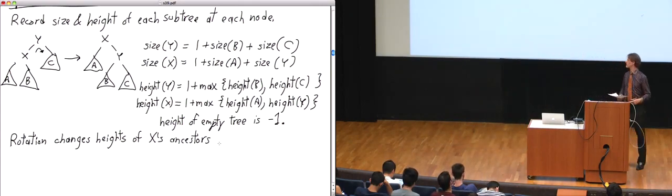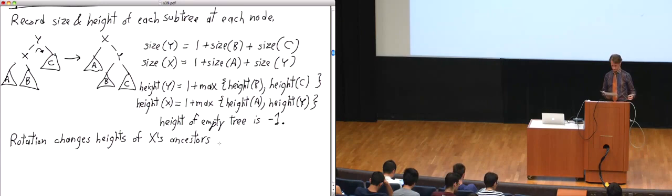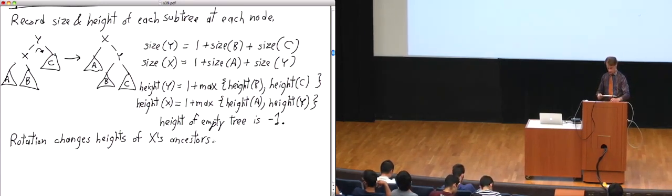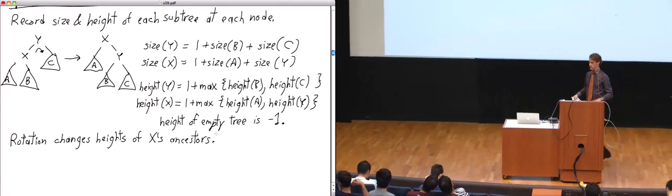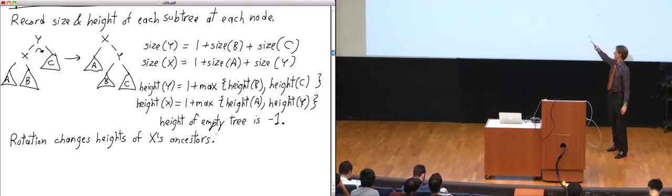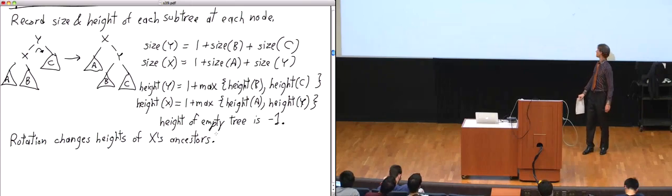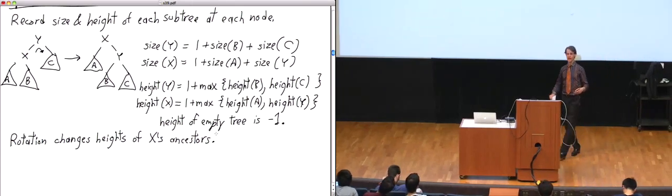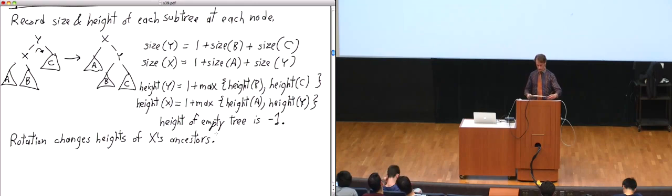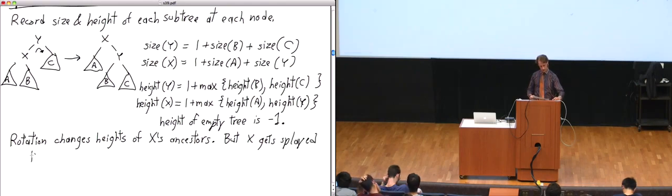So this trick doesn't work for depth. So again, the rotation will also change the heights of X's ancestors, and those don't get updated, at least not right away. But remember, this is a splay tree, and X is going to get splayed up to the root. So we're going to be doing more rotations, and those rotations are going to fix the height fields for all of X's ancestors.